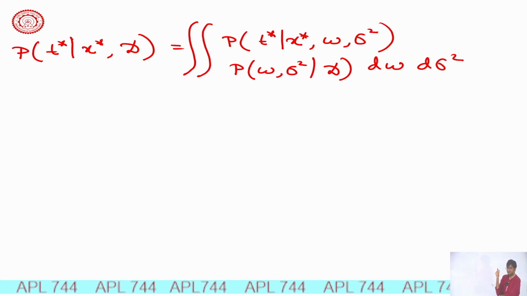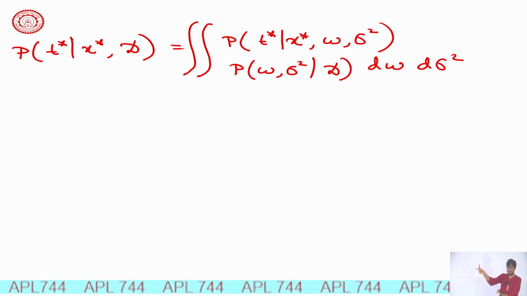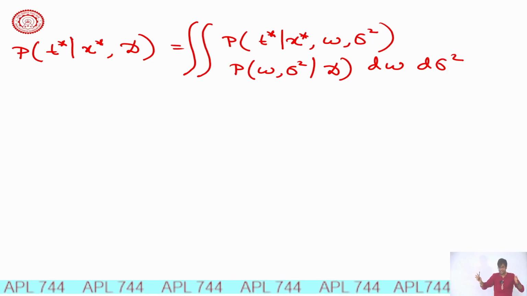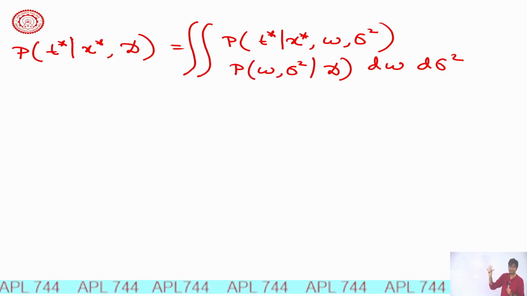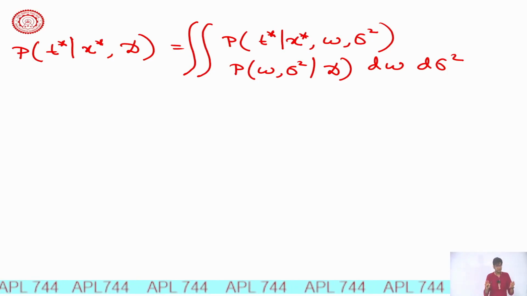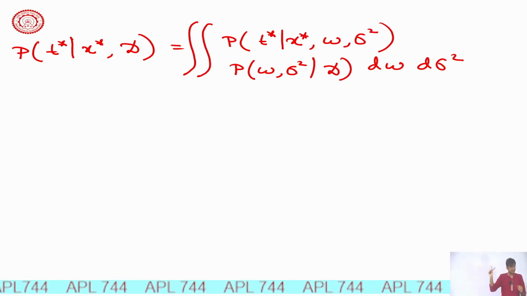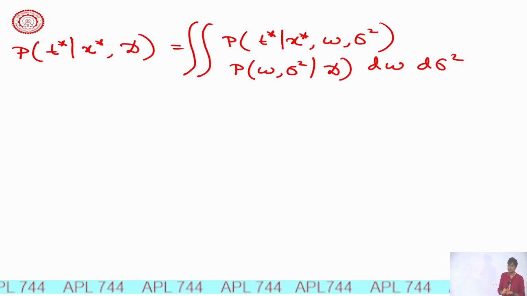K plus 1 is weights and 1 is sigma square, so that is equivalent to K plus 2 integrations. I have written the K plus 1 W's as a single integral, but that's a K plus 1 dimensional integral, and sigma square as a single integral. So overall it is a K plus 2 integral. Clear?